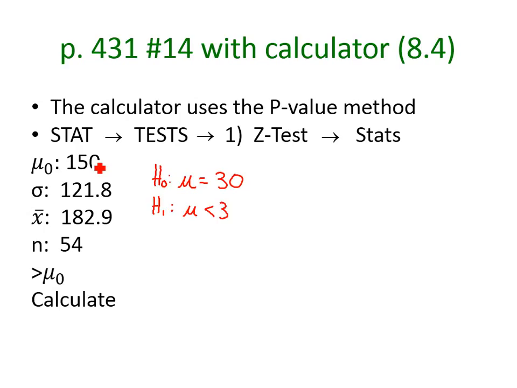Okay, that it was going to be less than 30, because that was what we were claiming, that the mean weight is less than 30 pounds. So then when you went in and did your calculations with the calculator, what did you get for Z? Should be a negative 1.62.